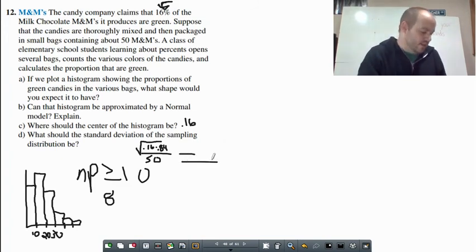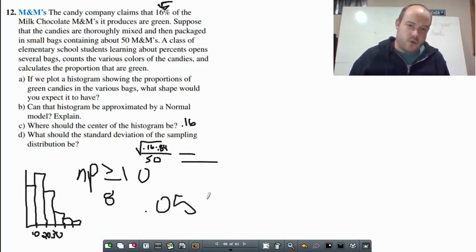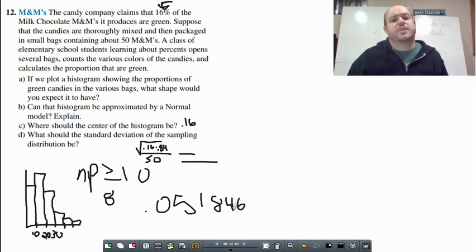I'm going to plug that in right now: 0.16 times 0.84 divided by 50, and then the square root of that whole thing gives me 0.051846. All right. So that's what we would expect the standard deviation of this sampling distribution to be.